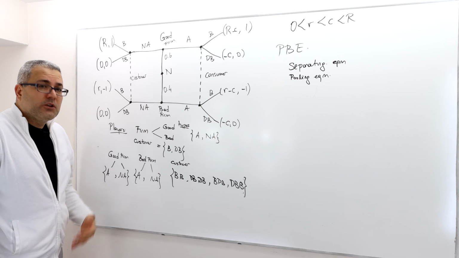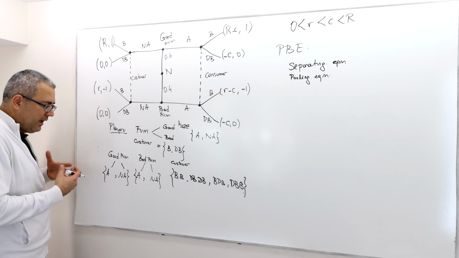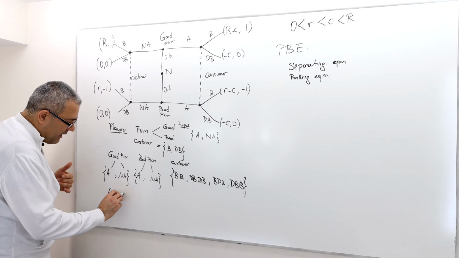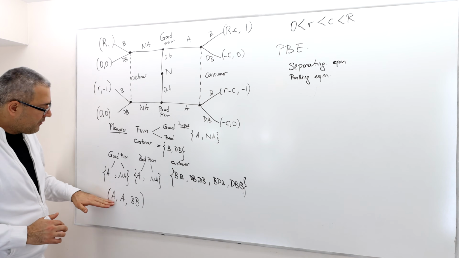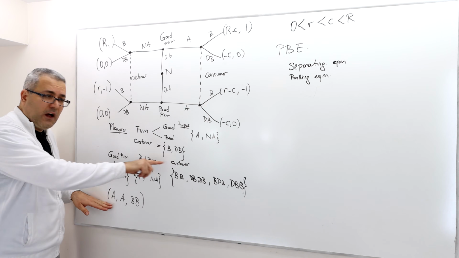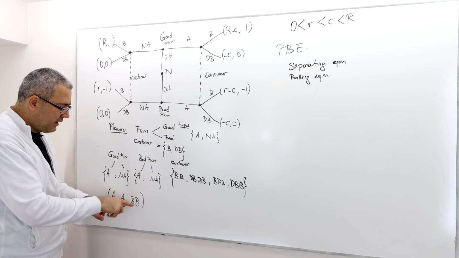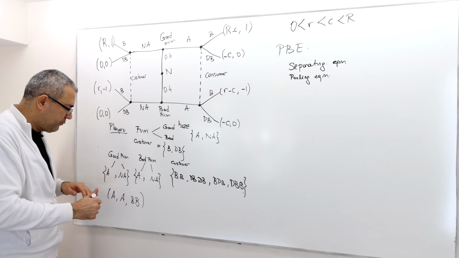Hence, for a perfect Bayesian equilibrium, we're going to have a vector, something like A, A, B: the good firm will advertise, the bad firm will advertise, the customer will always buy. So this is one possible strategy profile.